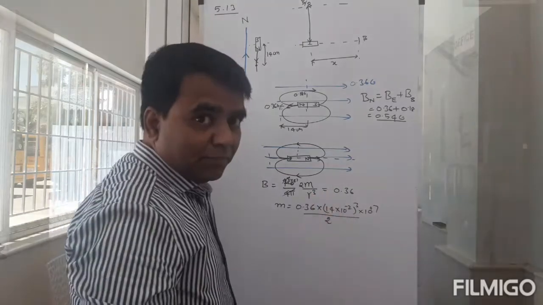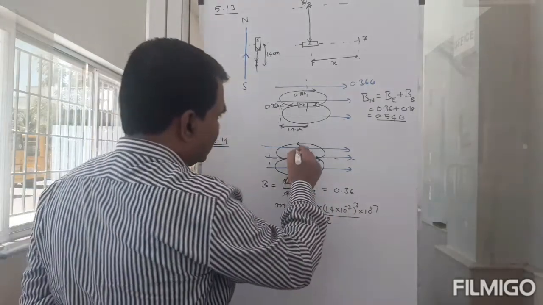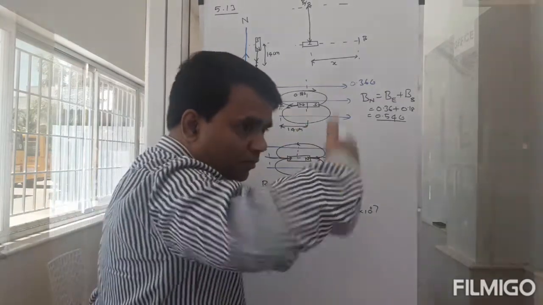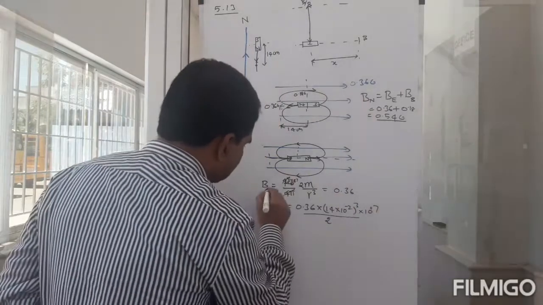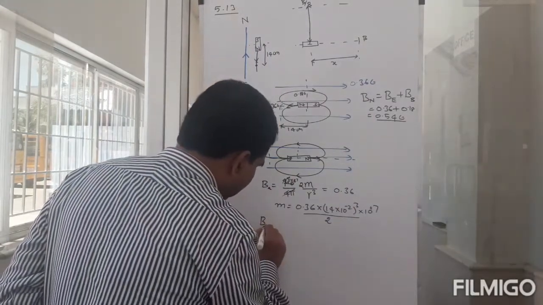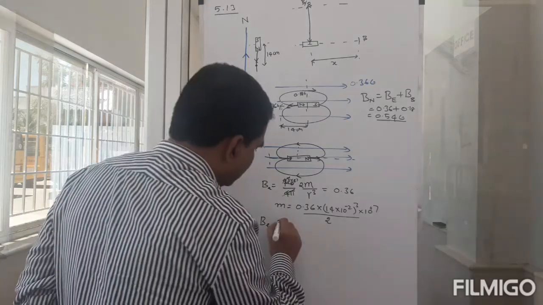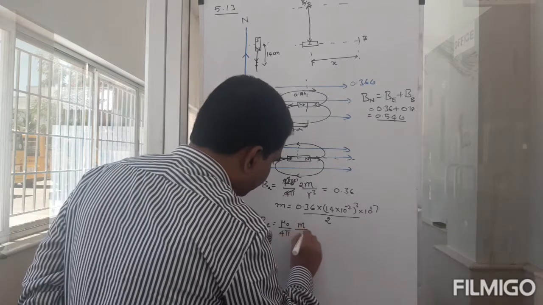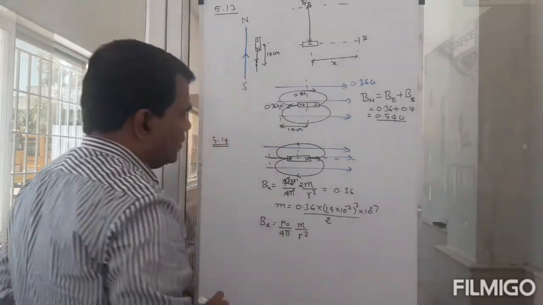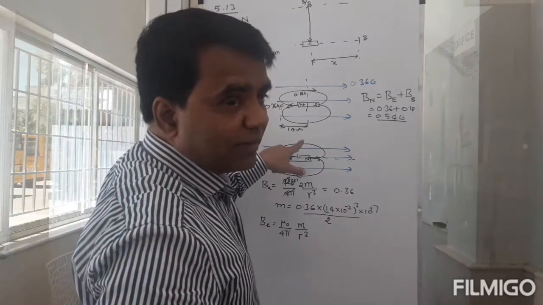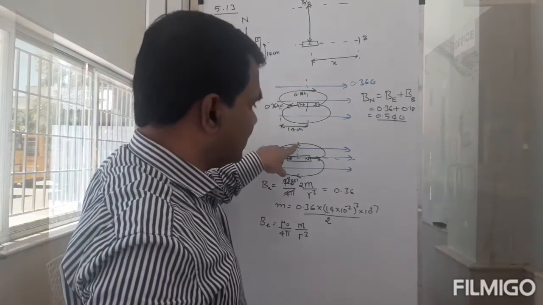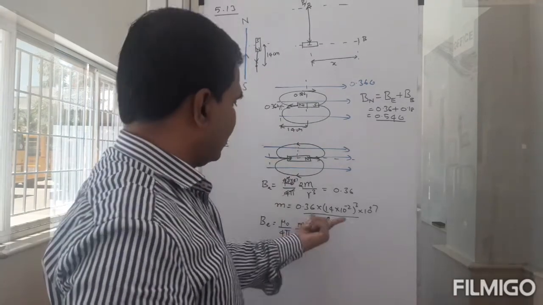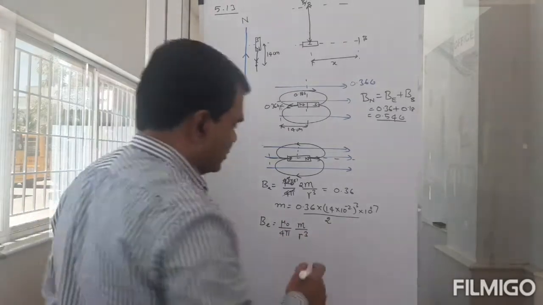And once I find m of the bar magnet, then along the equatorial plane, the field must be equal to mu naught by 4 pi into m by r cube. If I need to find a null point here, then this must be equal to 0.36. So at what distance would it be 0.36? I got m. I got all these values. So can I do it?